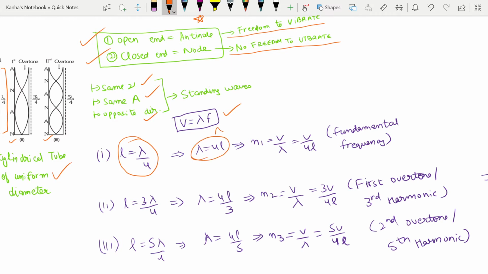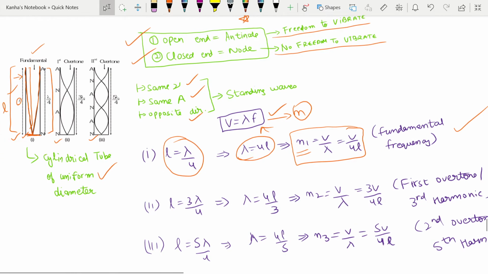Using this in the formula, my frequency, which here I am denoting by n, because we count it as integers, n1 is equal to v by lambda, which is v by 4L. This is your fundamental frequency. Next, you'll have the first overtone.